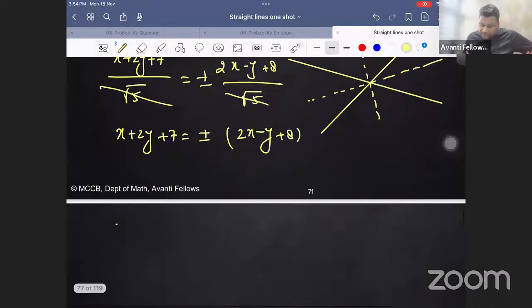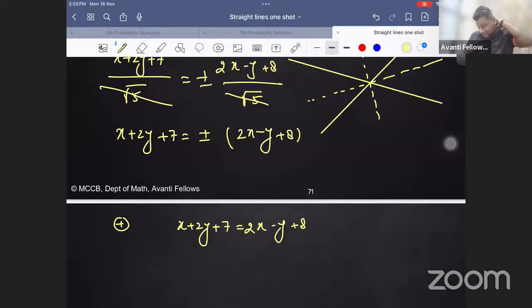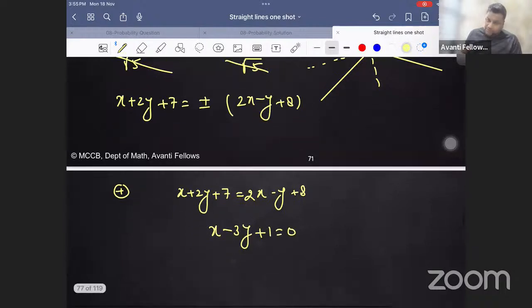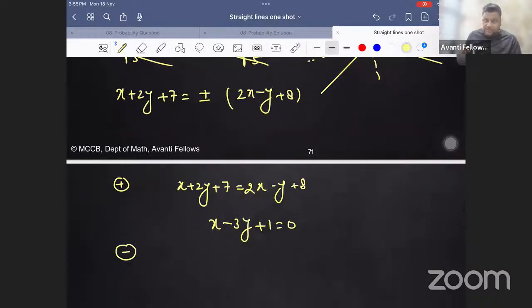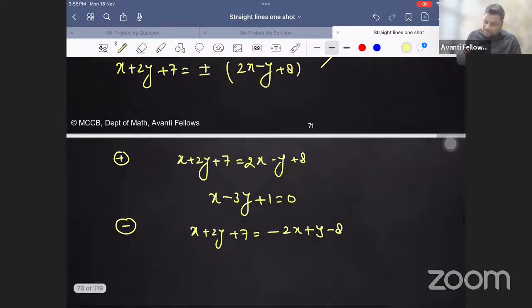Now if I consider the positive sign, x plus 2y plus 7 is 2x minus y plus 8. So the line goes x minus 3y plus 1 equals 0. Now if I consider the negative sign, then this line is what? x plus 2y plus 7 is minus 2x plus y minus 8.